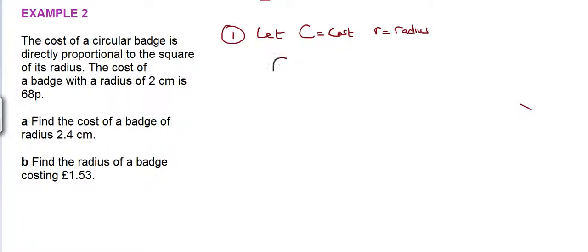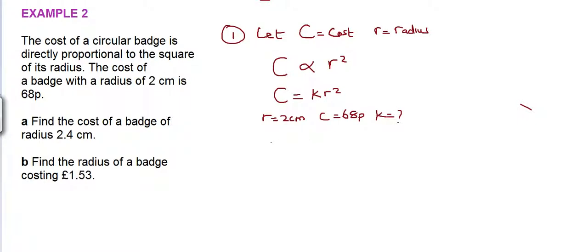We're told that c is directly proportional to the square of the radius. Therefore c equals some constant times r squared. Given r equals 2 centimeters and c equals 68p, we need to find k.